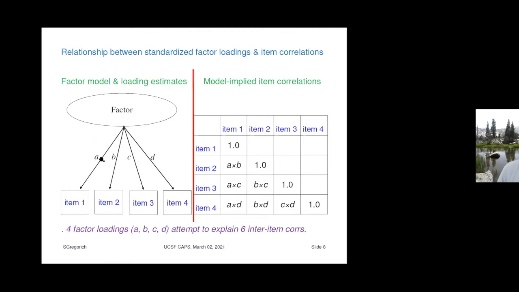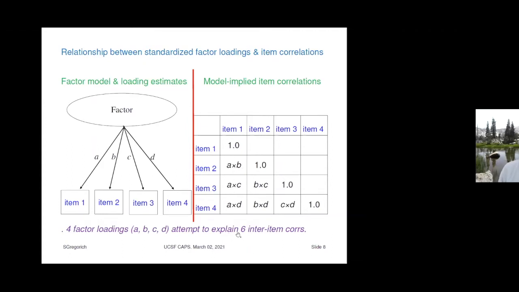And typically, if I want to know what the model implied correlation between item 1 and item 2 is, I can multiply this standardized factor loading by that standardized factor loading, and that's the model implied correlation between item 1 and item 2. And I can do that for all 6 pairs.